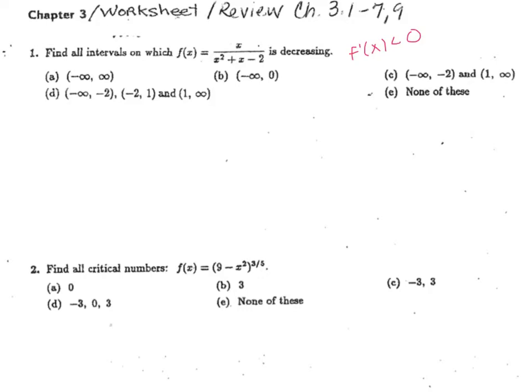So first I'm going to take the derivative by the quotient rule. So we'll do the derivative of the top times the bottom. So that will just be x squared plus x minus 2, minus the top times the derivative of the bottom all over the bottom squared.